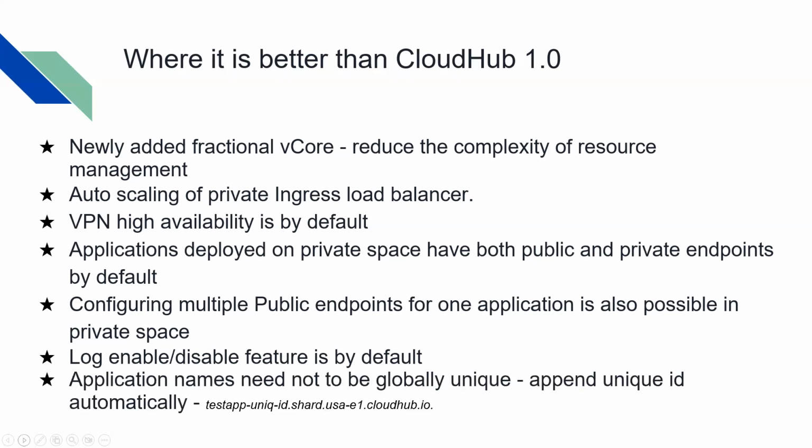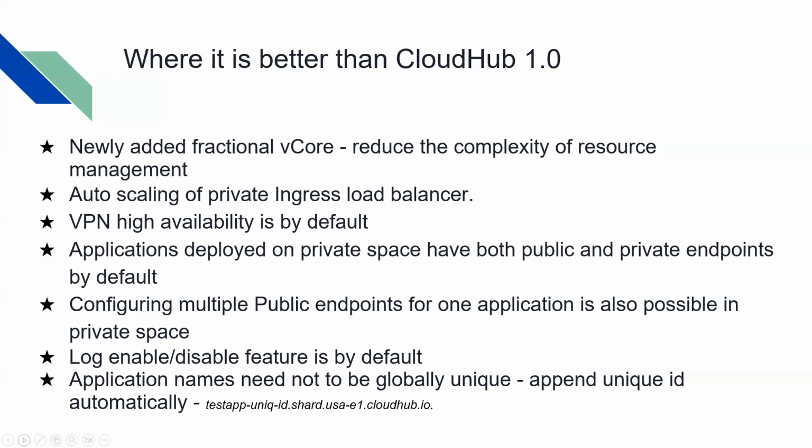And in CloudHub 2.0, another advantage is that your application name need not be globally unique. If I create a hello world and deploy it, you can also create your hello world and deploy it. So how is CloudHub 2.0 ensuring uniqueness universally within CloudHub 2.0?